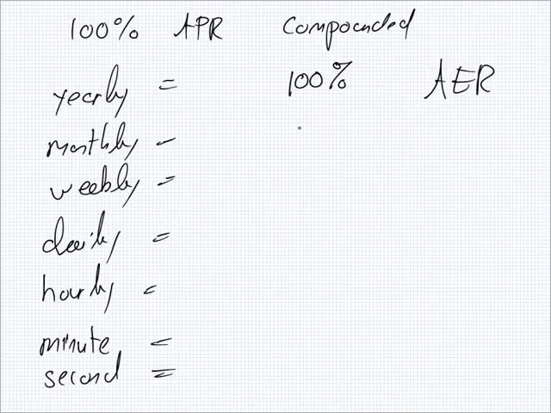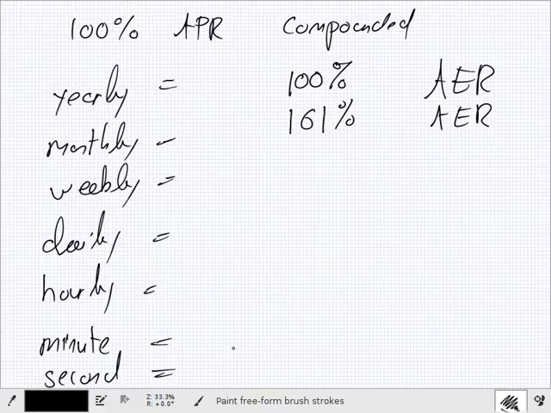So, monthly, isn't it? What did you get? 6.13. Yes. No, 161% AER. Yes.